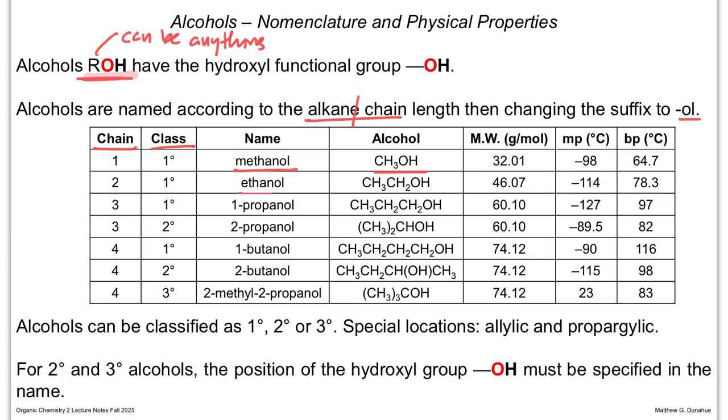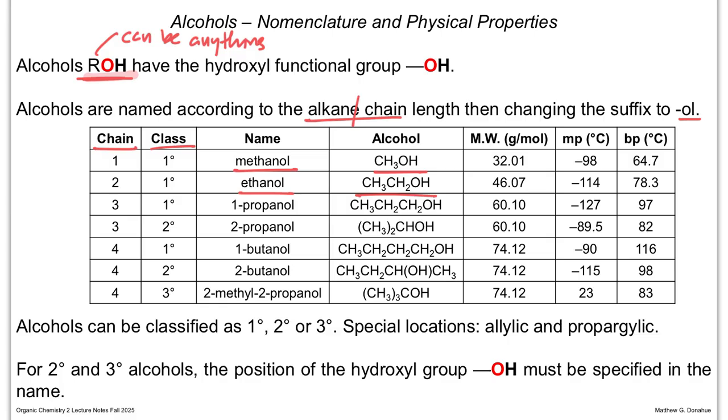So ethanol, CH3CH2OH. Ethanol is the alcohol you can drink. It's the alcohol that's in beer, wine, vodka. That's the common alcohol. When beer is brewed or wine is fermented, that is a byproduct of those processes, so that you can drink and feel good.